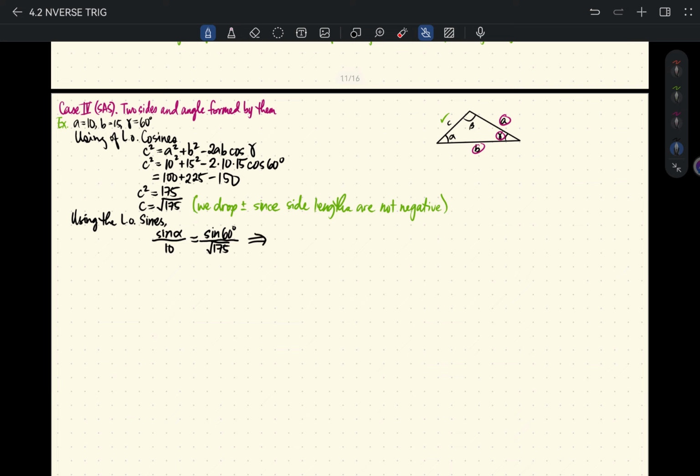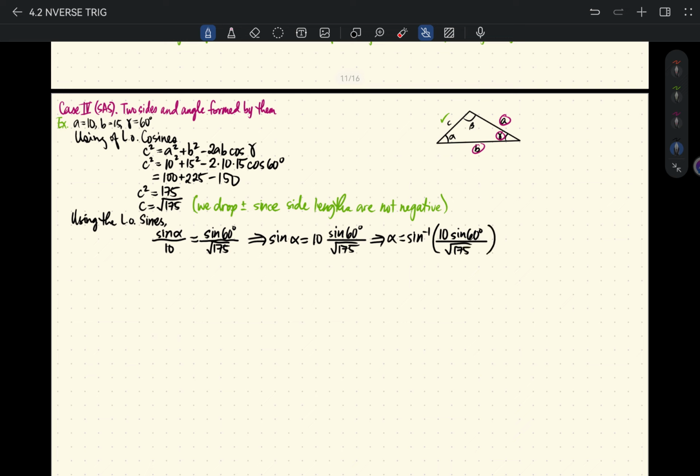Then multiplying both sides by 10, we get sine of alpha equals 10 sine of 60 degrees over square root of 175, which if you apply the inverse function, we get alpha equals sine inverse of 10 sine 60 degrees over square root of 175.